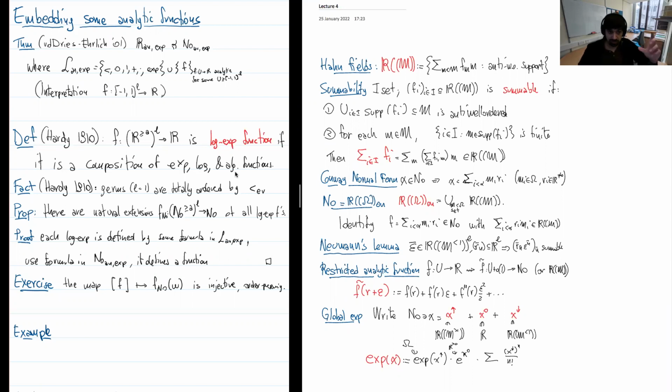So you take a germ, not the function itself, but just a germ. This function is going to extend beyond the real line, you take the value in omega. This map is injective, so if two germs are different, then the value in omega is going to be different.